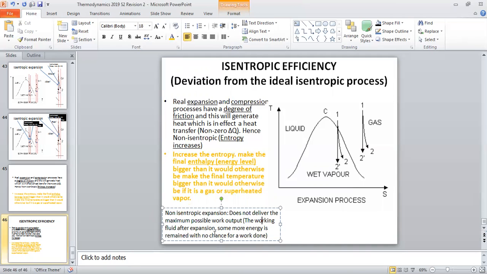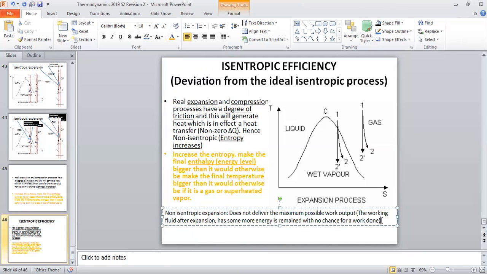The working fluid after work done has higher energy levels.